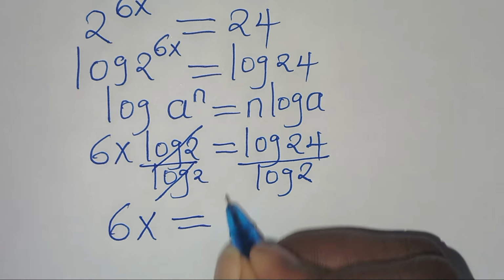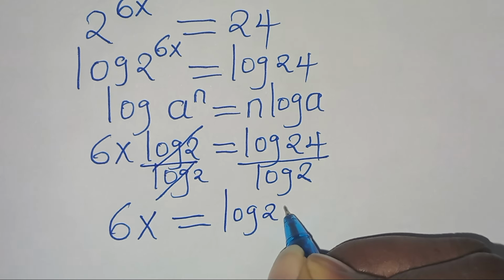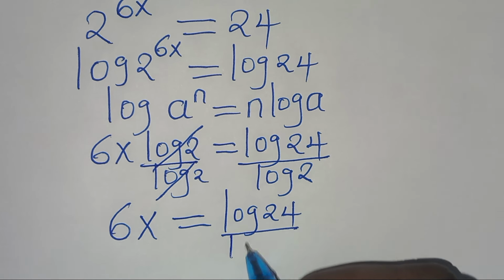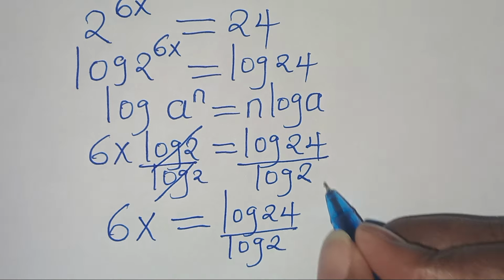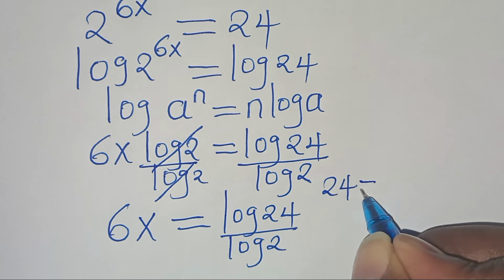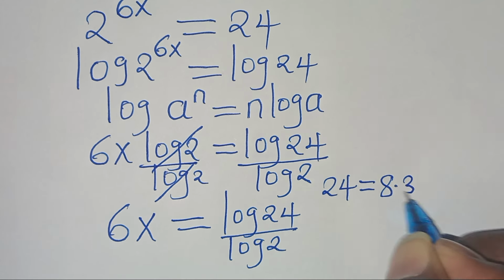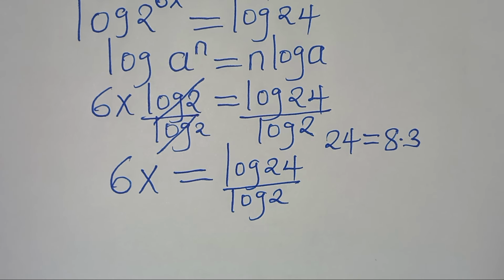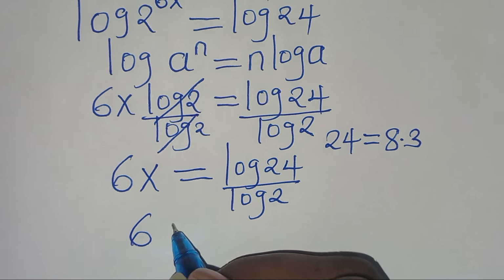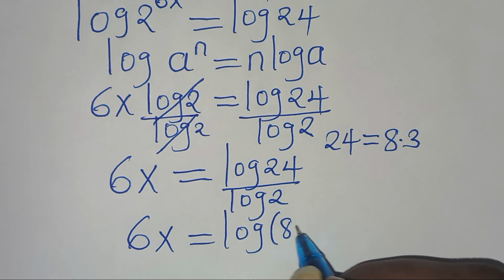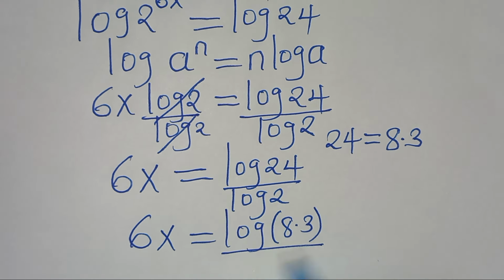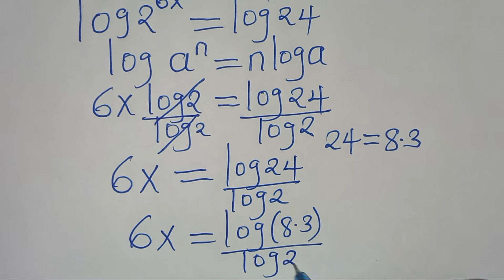This is equal to log 24 divided by log 2. The next step is that we can express 24 as 8 multiplied by 3. So that now here we have 6x. This is equal to log 8 multiplied by 3 divided by log 2.